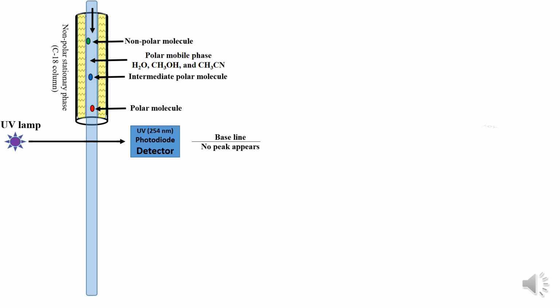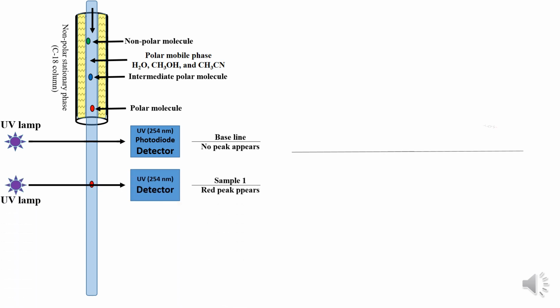So a baseline is seen in the monitor of the system, because during this process there is no sample injected into the column and the system is getting equilibrated, and there is a baseline seen and no peaks appear, as there are no components coming out of the column. So in the absence of components eluting out of the column, there is a baseline, no peak.